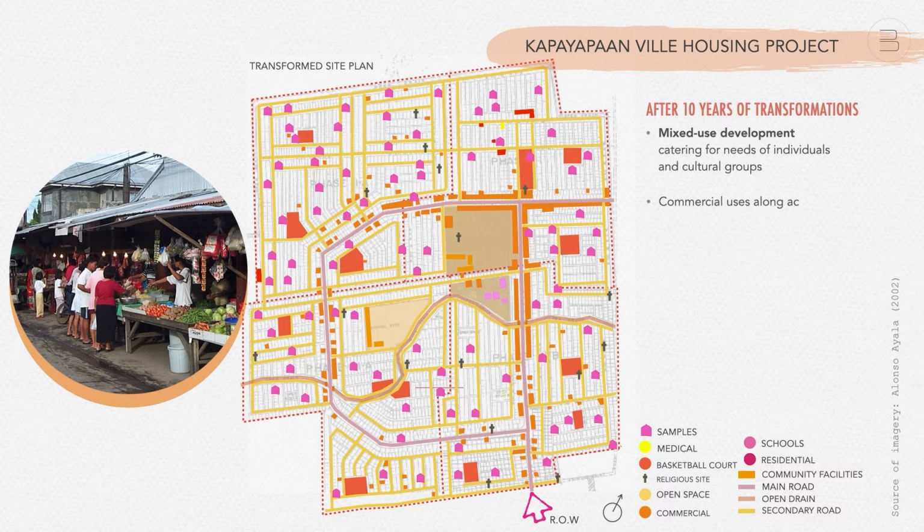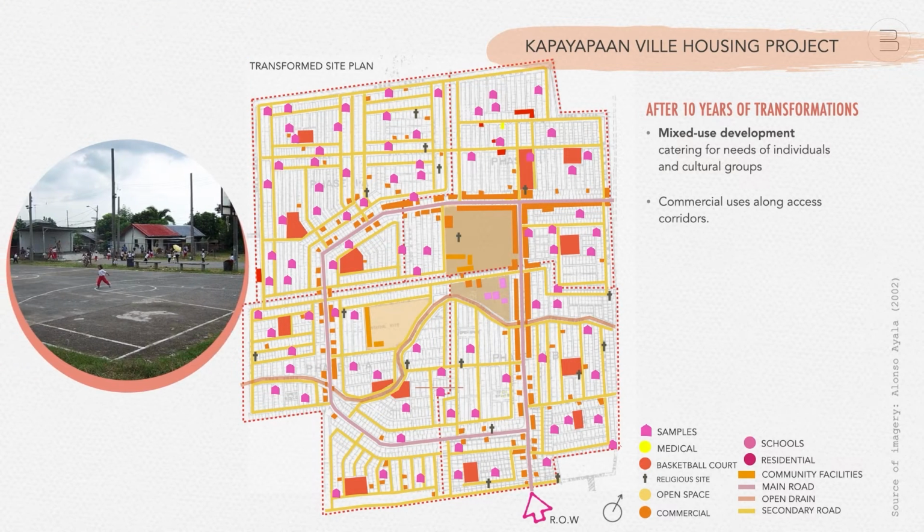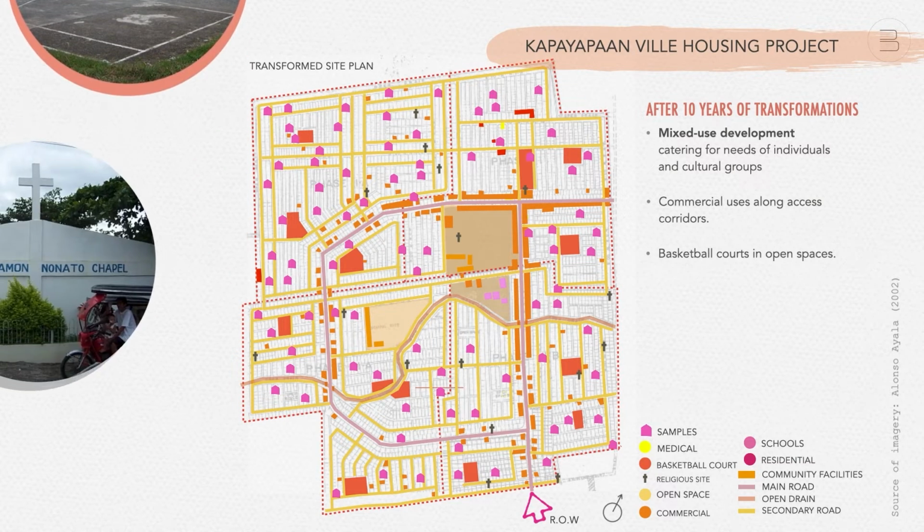If you pay close attention to the land uses portrayed in the blueprint, then you realize that there are distinct uses that stand out. These are commercial uses along main access corridors, basketball courts in every open space, and religious uses widespread throughout.